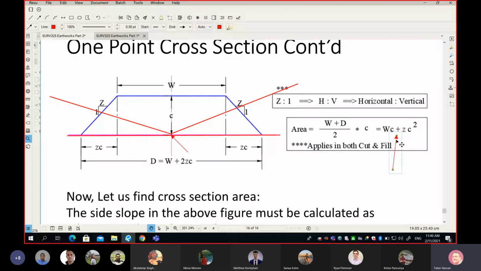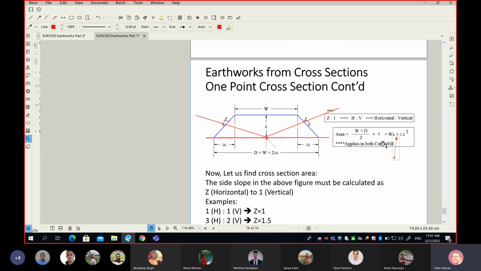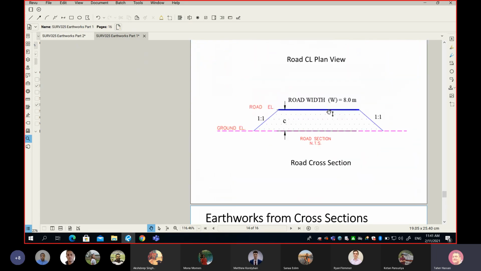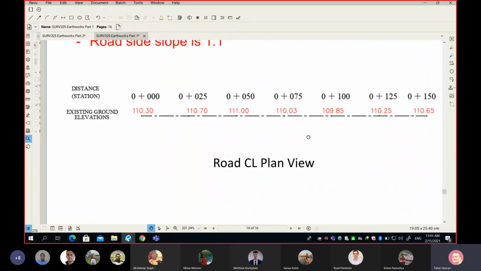No. Okay, so I'm going to say it one more time because it's very important. So far in every problem I had for you, we only had one existing ground for every section. I'll show you. For example, if I zoom out and I go here, look at this plan view.